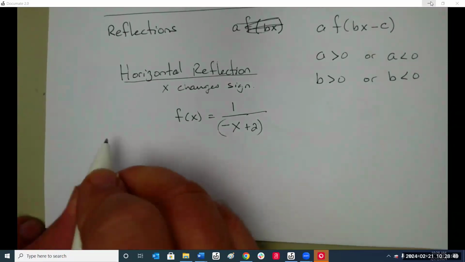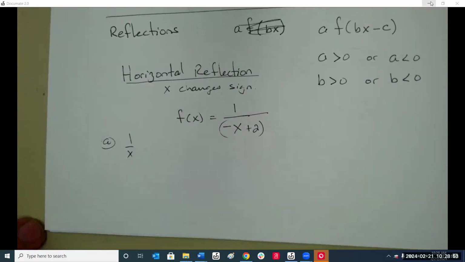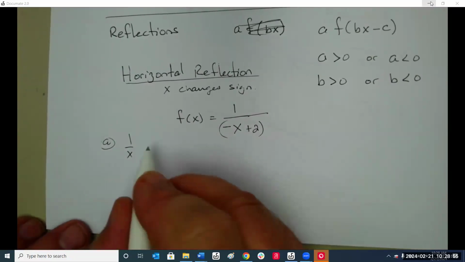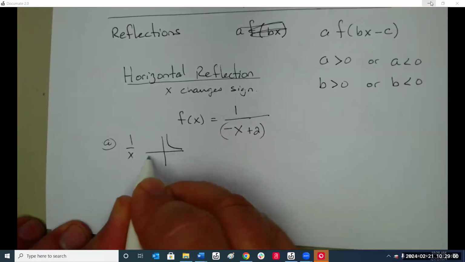The way you look at this one is you have to first, the basic function is 1 over x, which looks like this.